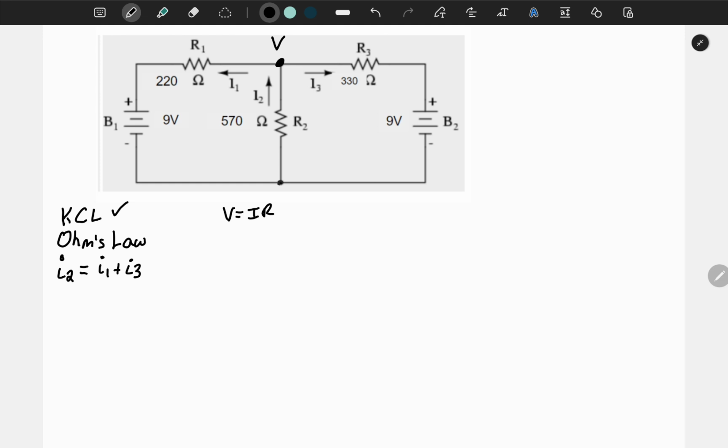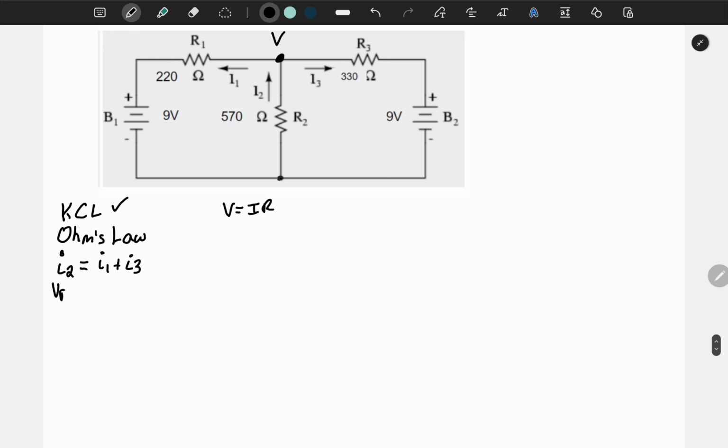So we can break down I2 as the voltage across R2 over the resistance of R2. And we can do that for all three. These currents are the currents going through each individual resistor. So the current going through resistor 1 is the voltage across resistor 1 over the resistance of resistor 1.